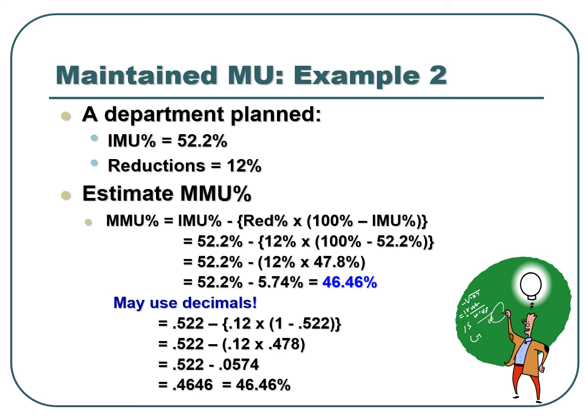If any of you had a different answer than this, that's probably because you had a mistake in the calculation within the bracket. Okay, a typical error occurs when we try to multiply the reductions percent and 100% minus IMU percent. When you had 100 minus 52.2, you have 47.8 instead of 47.8%.